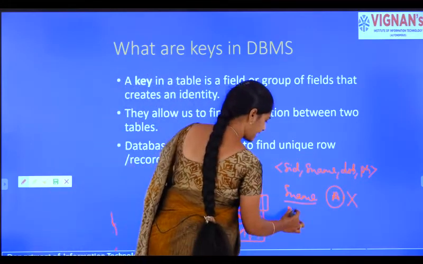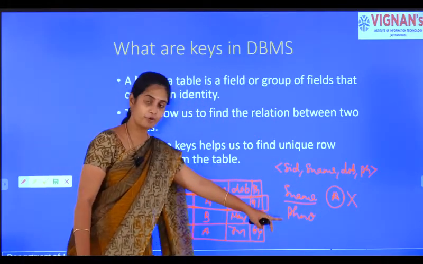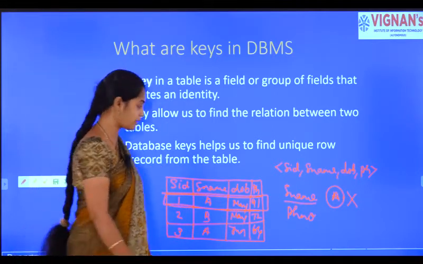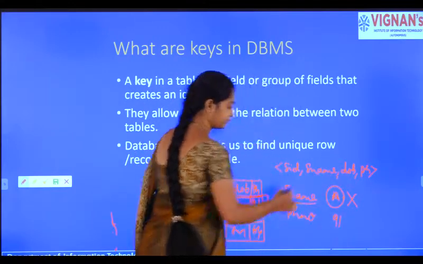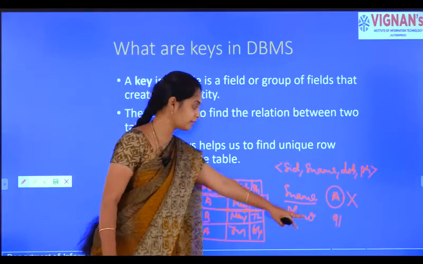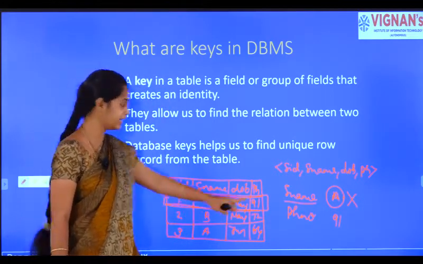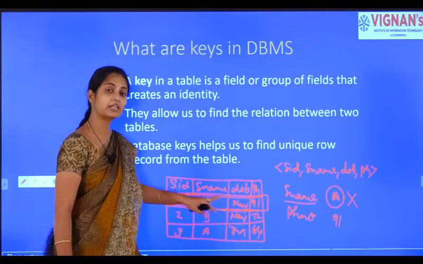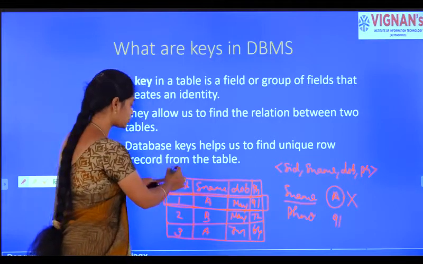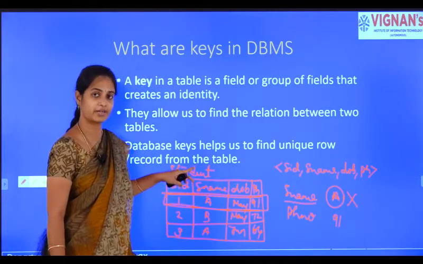We will take phone number as an attribute. We will take phone number as a key attribute. Using this phone number, will you be able to identify the entire tuple? What is the phone number I have? I have 91. So here I can solve one problem. What is that problem? 91 is a phone number that belongs to A. I can find out that 91 is a phone number that belongs to A, and after that I will know that this A belongs to the relation called student, right?